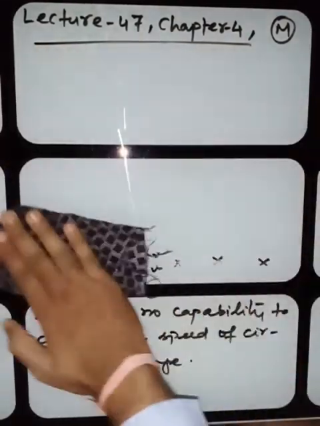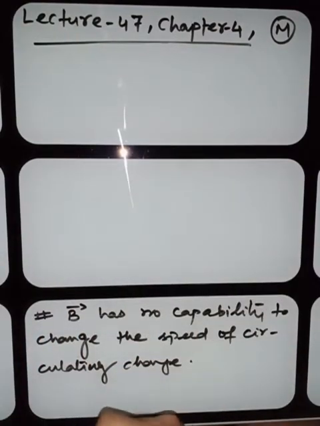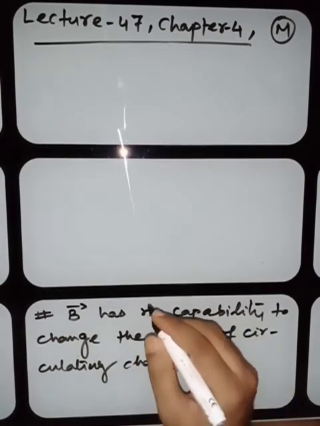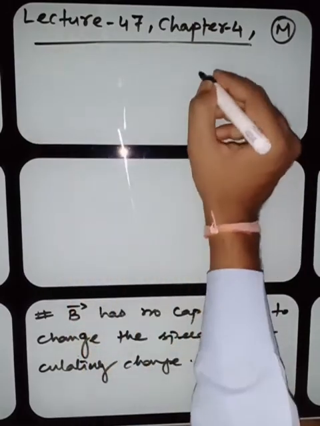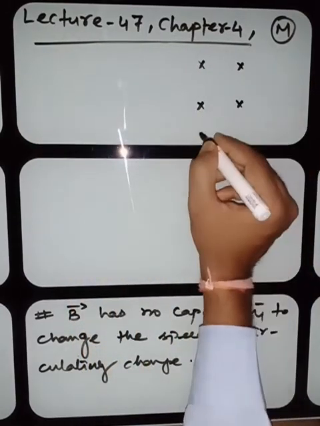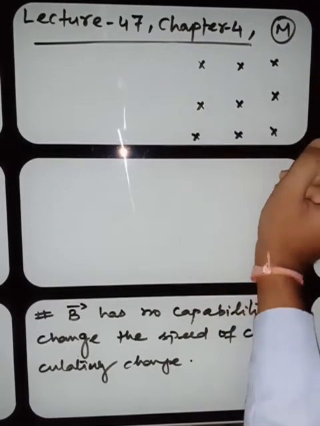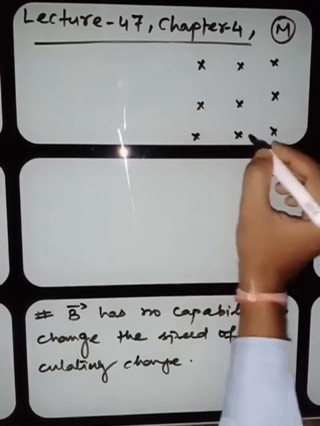Remember students, this magnetic field B is a conservative field, and we know the work done in a complete round trip is zero. Here the speed is not going to be changed.